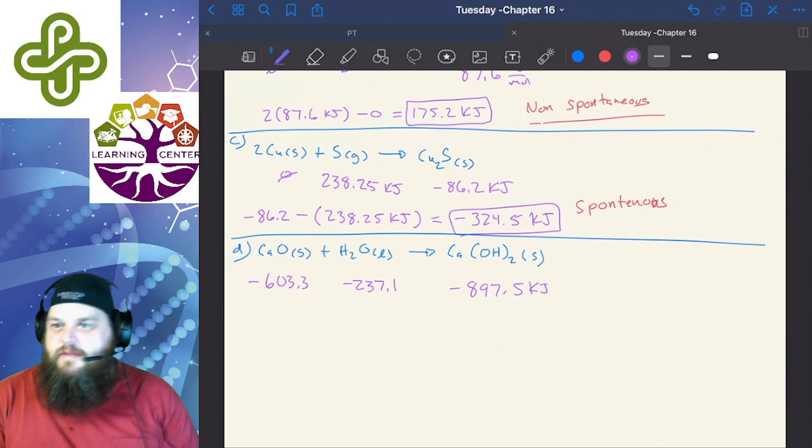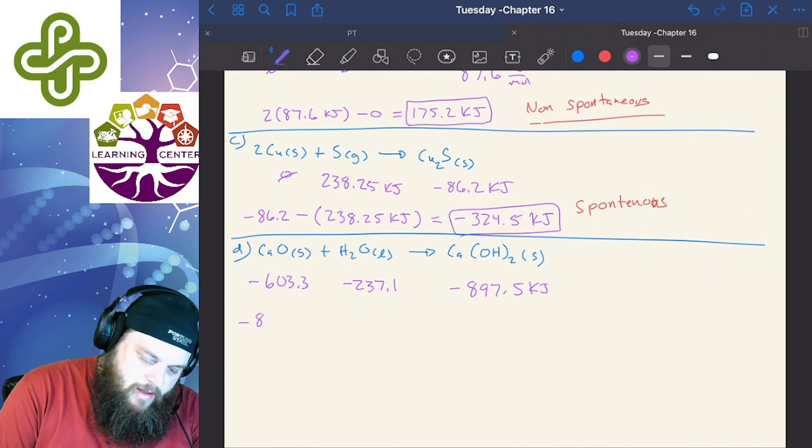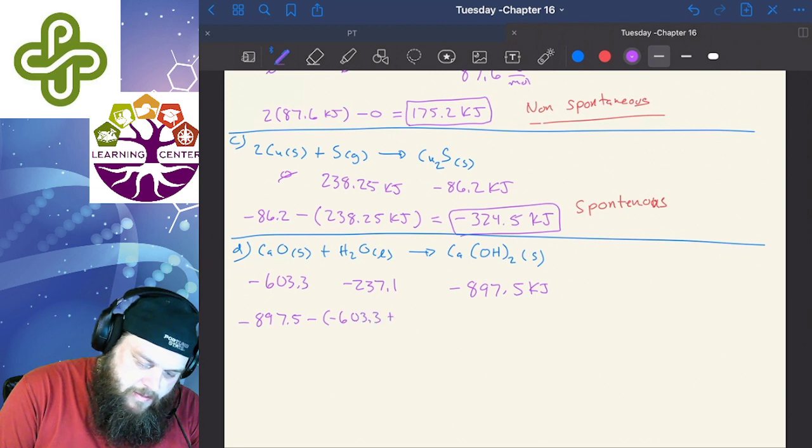So to do this, just like before, we do negative 897.5 minus negative 603.3 plus, really, minus 237.1. My dyslexia is kicking in.